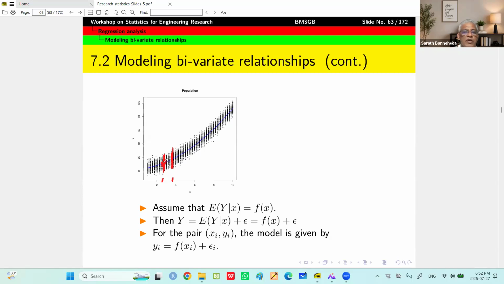Maybe most of the y values are close to the center, a large number here, a small number of y values here, and again a small number of y values here. Here you can see one or two observations at this end. Most of the observations are in the middle, and then a few observations at the other end.